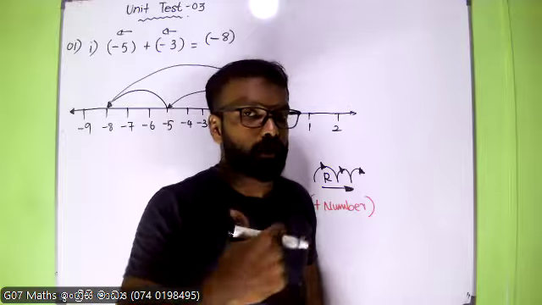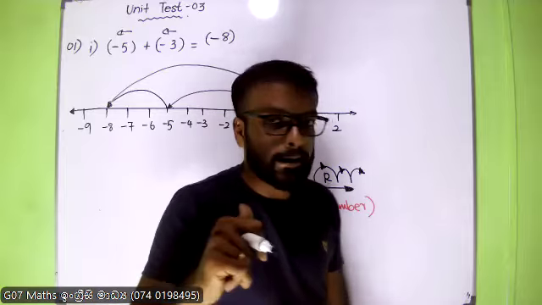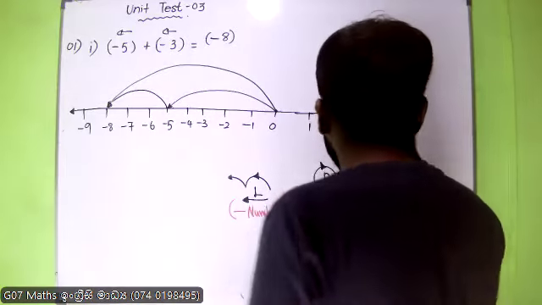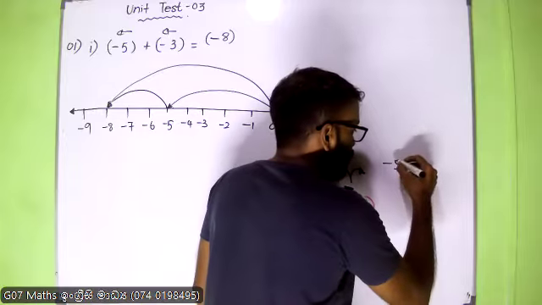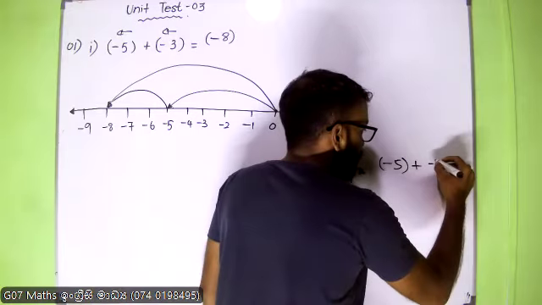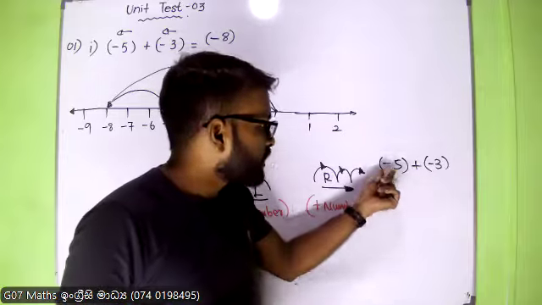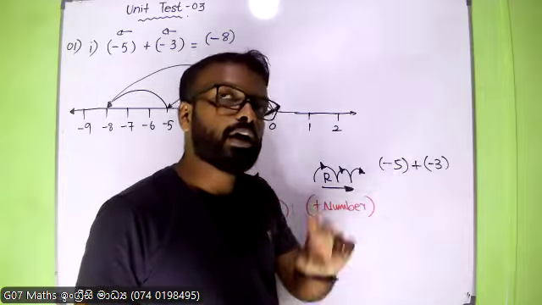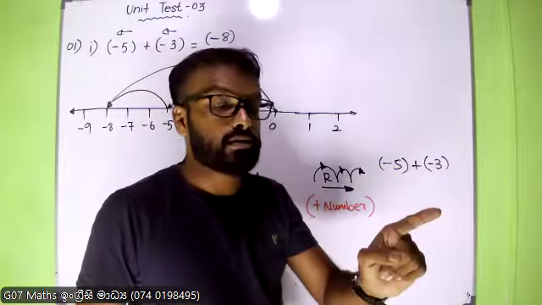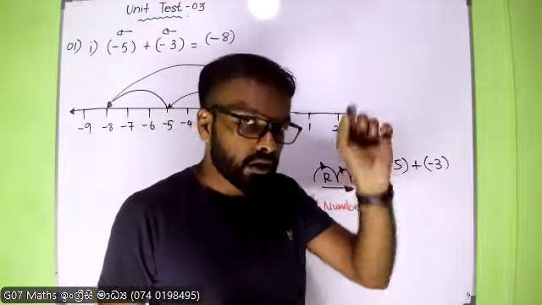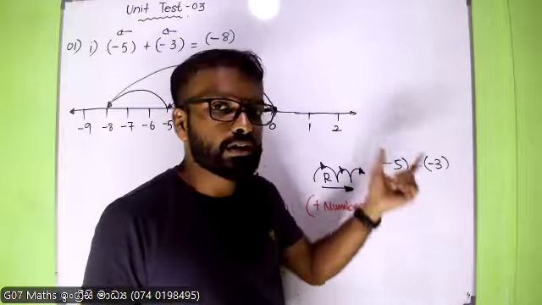Super. So shall we check that by using our previous method, -5 plus -3? First of all, we need to check the signs. Negative and negative are the same signs. Please look at the book where we wrote down the same signs.